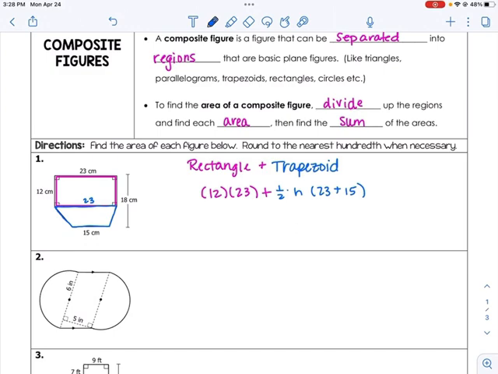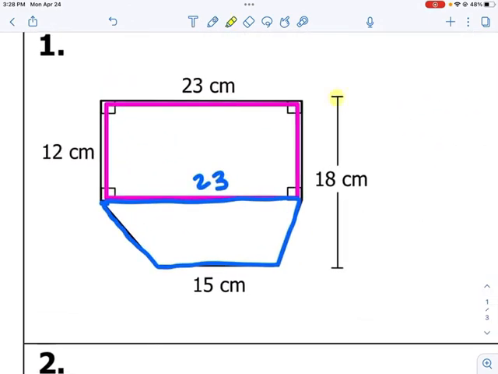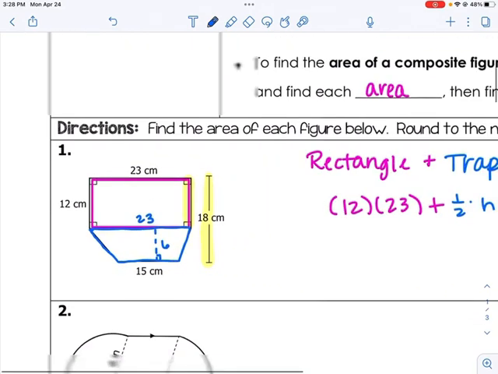It looks like we're going to have to do a little bit of work in order to figure out the height of our trapezoid. So we know the height of this whole thing is 18 centimeters. And we know that 12 would be this piece of the rectangle right here. Well, what does that leave? That leaves 6 for the height of our trapezoid.